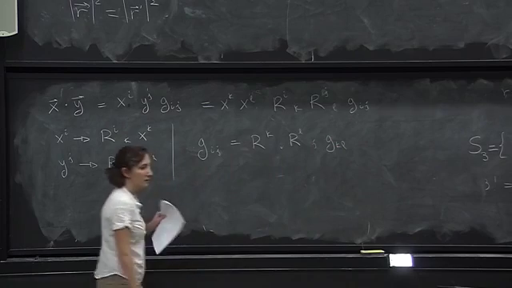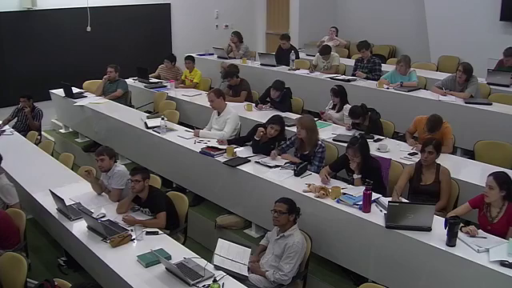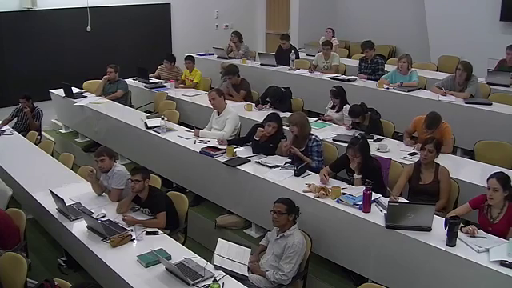So shouldn't y_j go to R_jl y_l? Where are you referring to? Why do you have x_k x_l? Okay, so if I am allowed to relabel my dummy indices whenever I want, so let me call this.